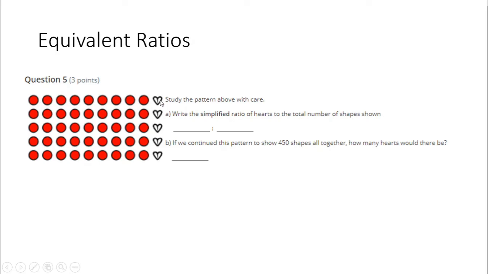But I'm not going to say that this is a 1 to 9 ratio. First, let's write this in words. Hearts to total. There is 1 heart in each row, but in total, there are 10 shapes in each row. So the simplified ratio will be 1 to 10.